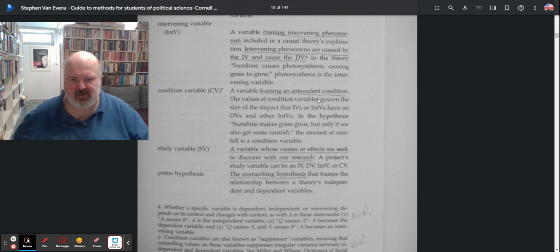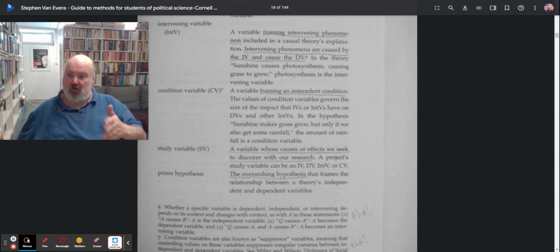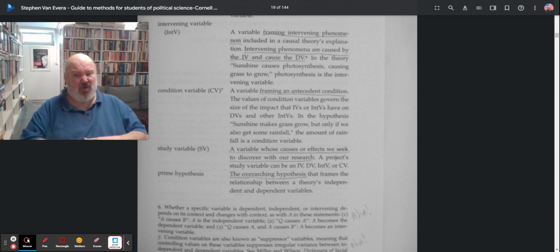A conditional variable is a variable framing the antecedent condition. Usually this is going to be an independent variable or an intervening variable. Rarely it's going to be the dependent variable, but it can be.